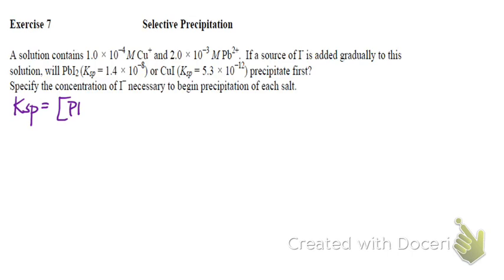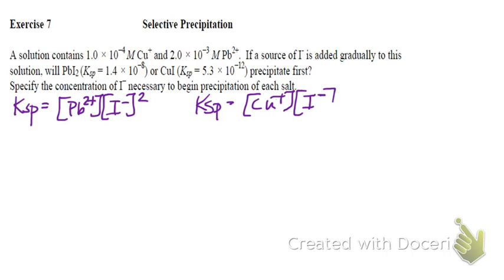So we have lead 2 iodide, and then for copper 1 iodide. Okay? And it gave us the concentration, so we know that lead is 2 times 10 to the negative 3 molar, and copper is 1 times 10 to the negative 4. So let's figure out what PbI2 would be.